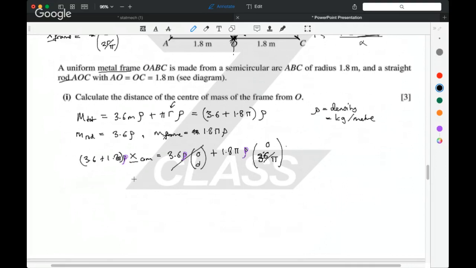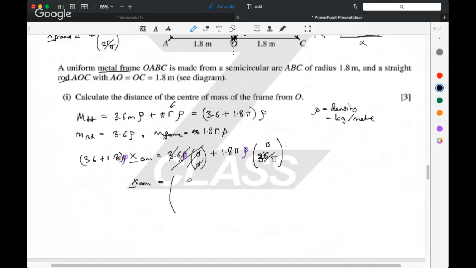So what do I get? Well, I get the x center of mass. And remember, with these vector equations, you can solve the x and the y coordinates separately. And we see that this whole thing was 0, we don't need it at all, and there's no y coordinate here. So the x coordinate is 0.